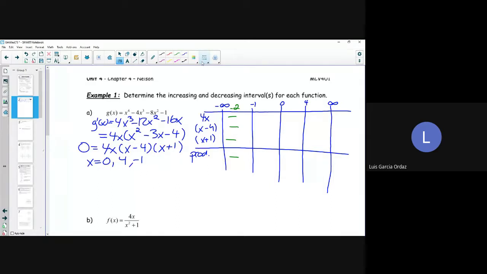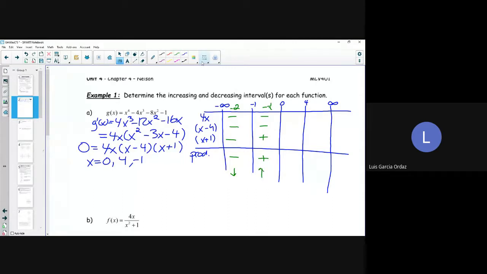Up or down? Thank you, Ricardo. It's going down. Next one, a number between -1 and 0, -half. So you get negative, negative, positive. You get a positive result, which means that my graph is increasing.